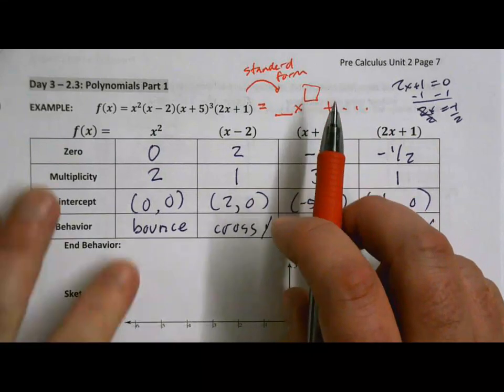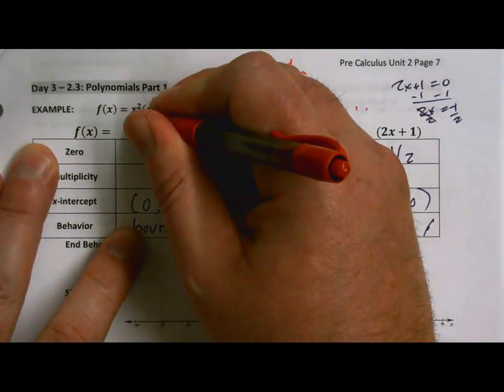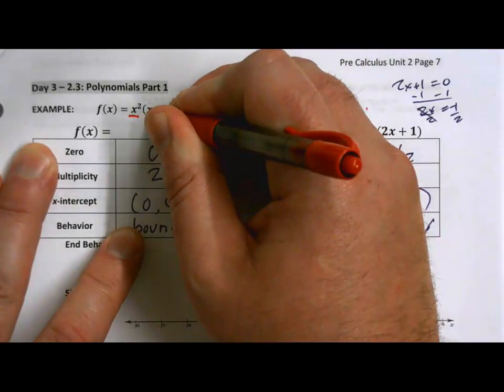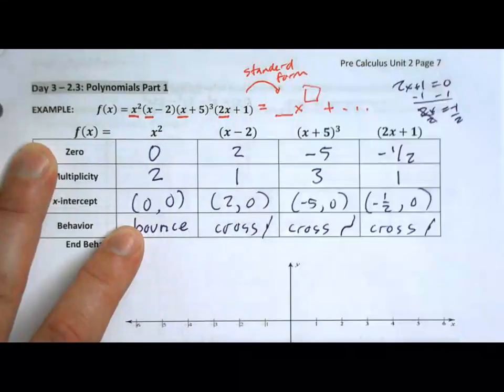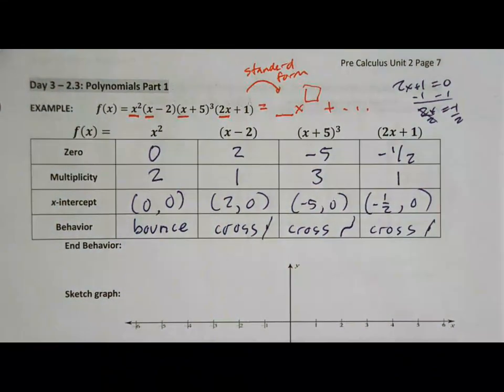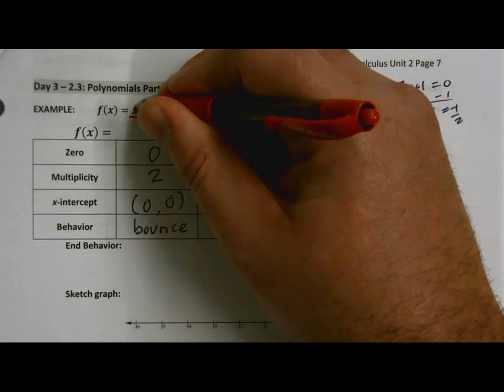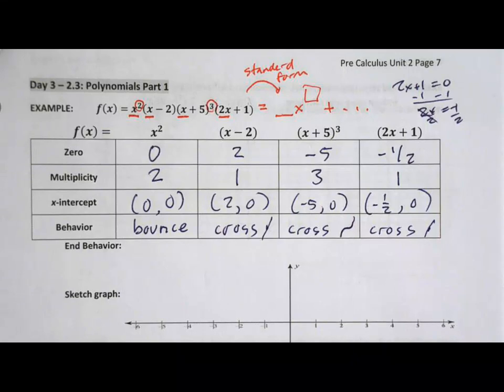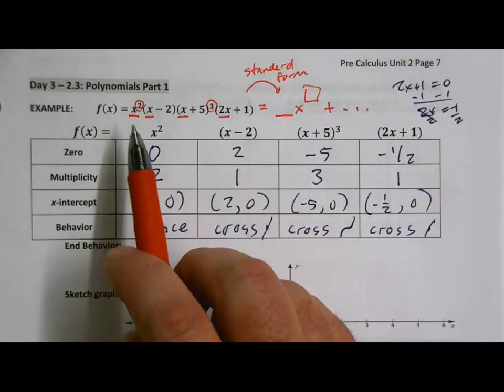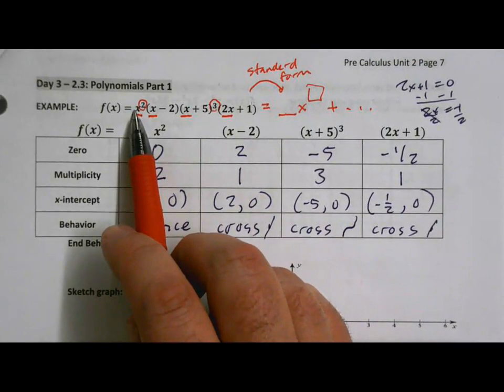To answer that question, you're going to need to be looking at all of the x terms that would end up getting multiplied together to make that first term. But keep in mind, some of them are being multiplied more than one time. So what do we think? What's our coefficient going to be? I got a coefficient of 1, right?